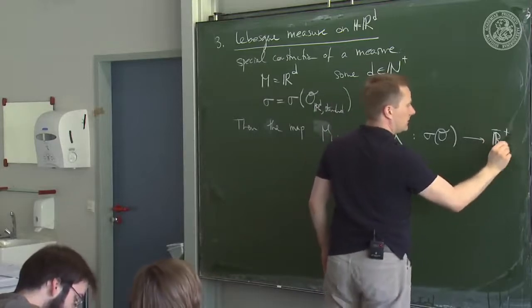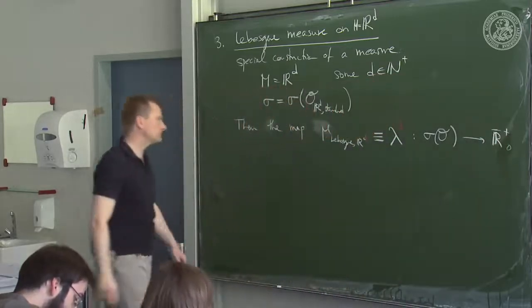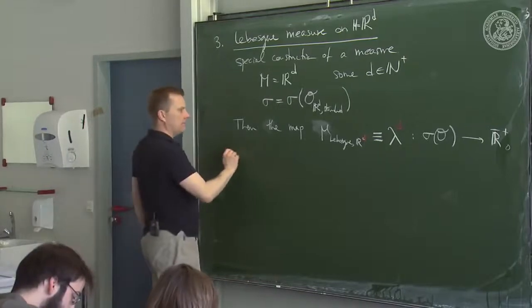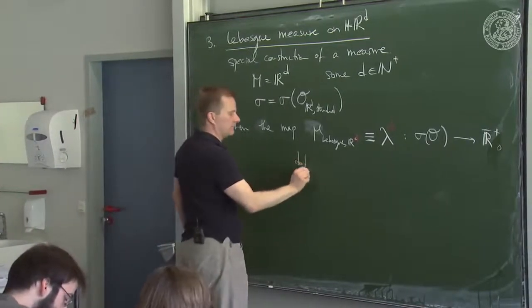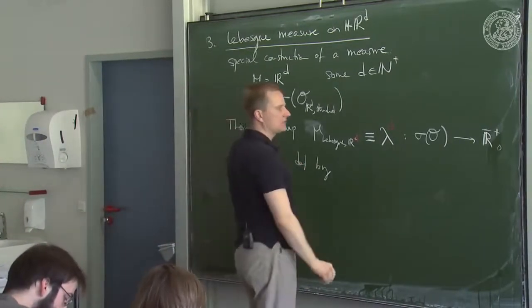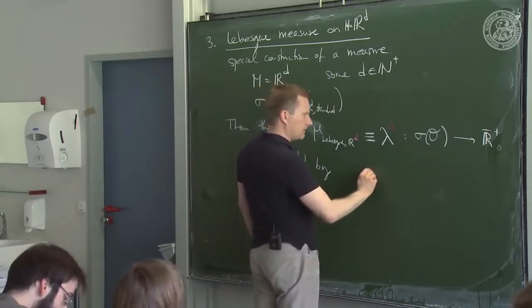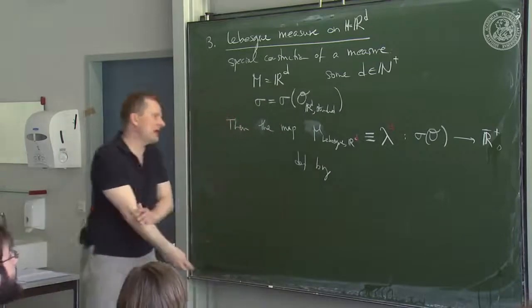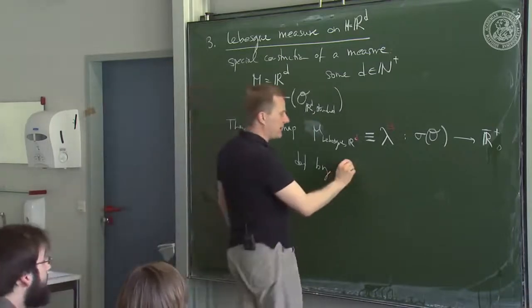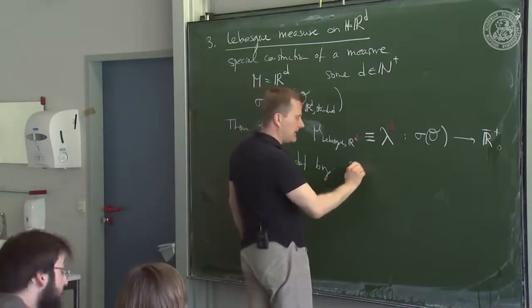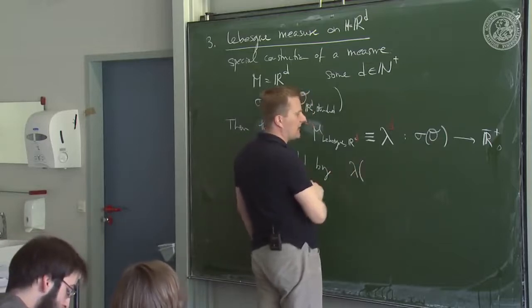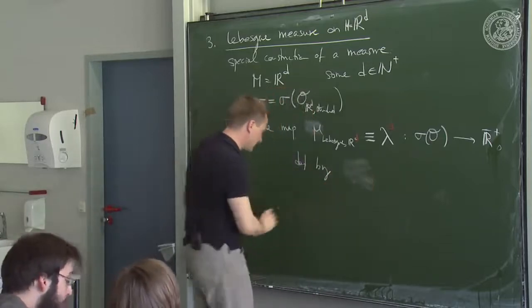Anyway, this map that goes from sigma O into somewhere here, defined by, well, what does it need to do? It needs to take, it's already defined by taking the open intervals. Now we need more space.